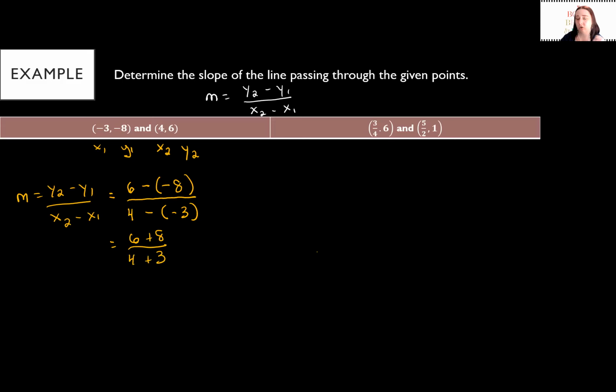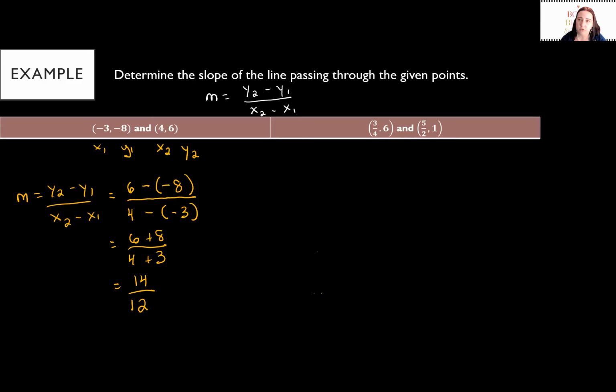I really encourage you to turn those subtracting negatives into pluses and write down that step. That way it's easier to find any possible mistakes you make, and it eliminates possible errors with your signs. So 6 plus 8 is 14. 4 plus 3 is 7. So we get a fraction 14 over 12.